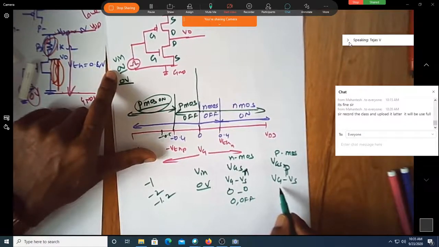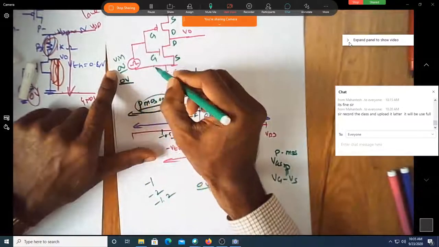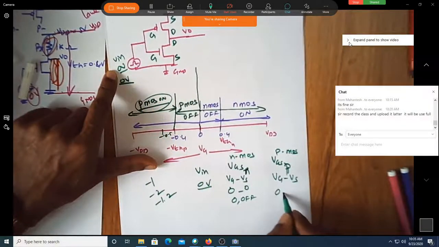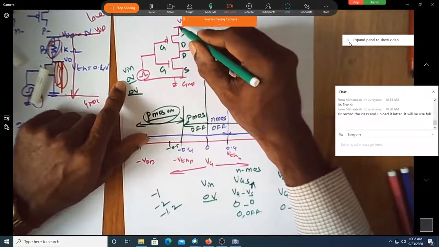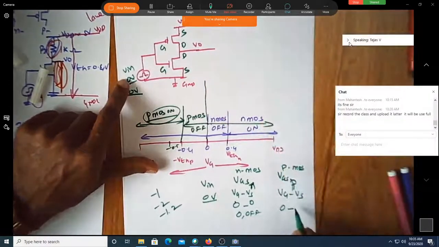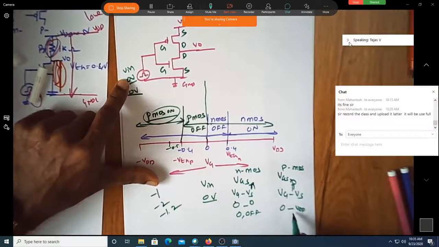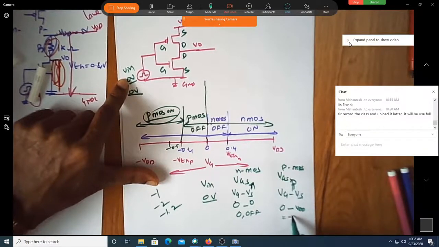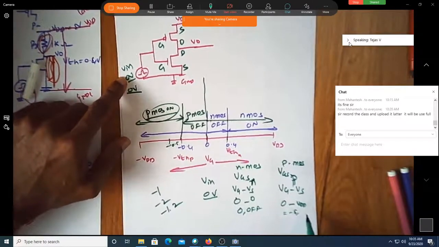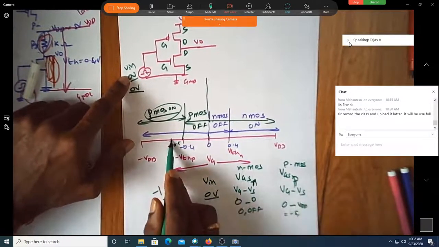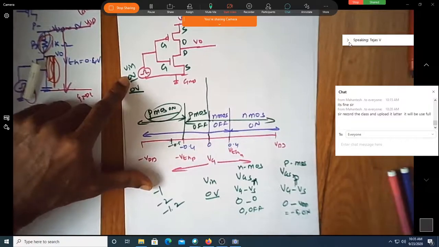Come here. What is VG? When I say 0, VG is the voltage at gate with respect to ground, so it is 0. What is VS? Voltage at source of PMOS with respect to ground, that is VDD, 5 volt. So VGS is 0 minus 5, which is minus 5 volt. What is the condition of your PMOSFET? On. Now you can see it is on.